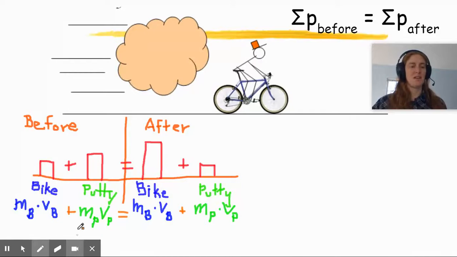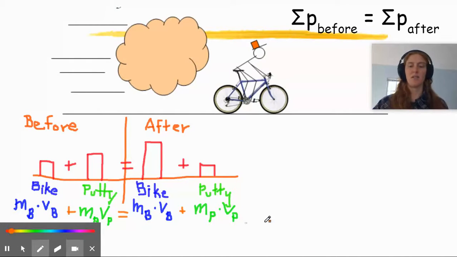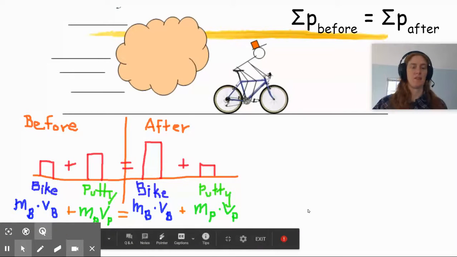All right, so now I have the mass times velocity of the bike, mass times velocity of the putty, and that'll be before they collide. And then I have the mass of the bike times the velocity of the bike here, and the mass of my putty times velocity of my putty. So all I would need to do is plug these numbers in, and I can solve then for my final velocity. All right, so I'm going to go ahead and type this out instead.